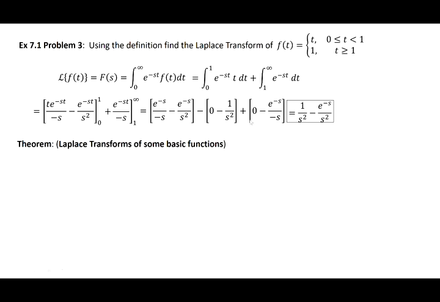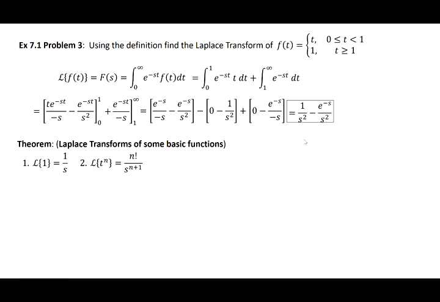So, Laplace transforms of some basic functions. Laplace of 1 is 1 over s. We already proved that. In general, Laplace of any t to the n is n factorial over s to the n plus 1. What should n be?